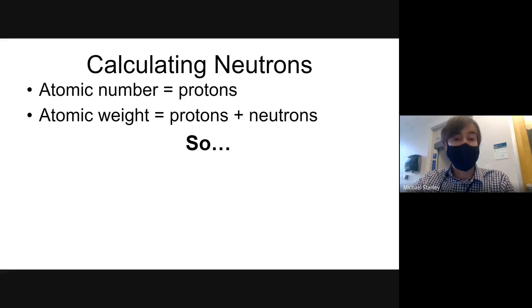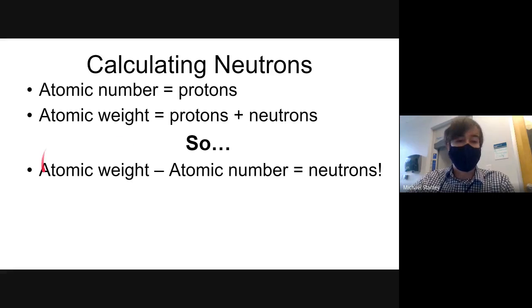So that means if we had our atomic weight and we subtract our protons, which are the atomic number, we can figure out how many neutrons are in our atom. So if you do the atomic weight minus the atomic number, that will be equal to the number of neutrons.